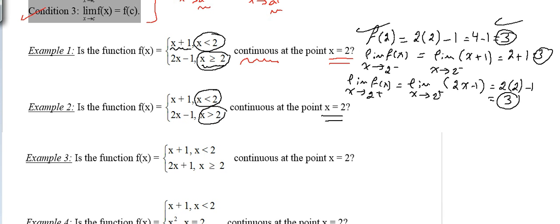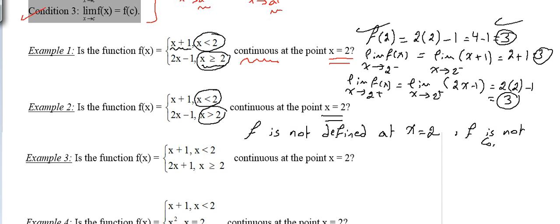No, so the first condition is not satisfied, because the function f is not defined at x equals 2. So in this case, is it continuous? No. F is not continuous because it is not defined at x equals 2.